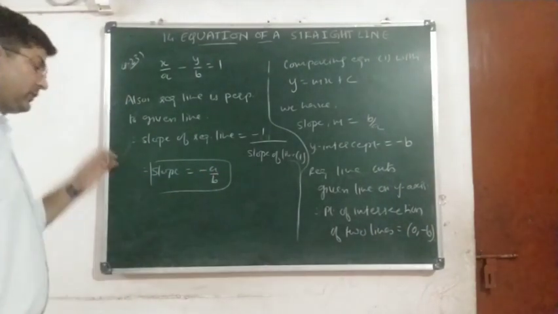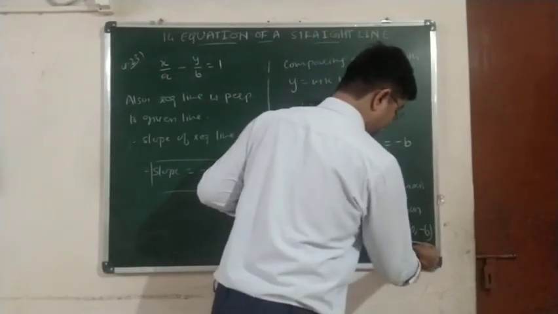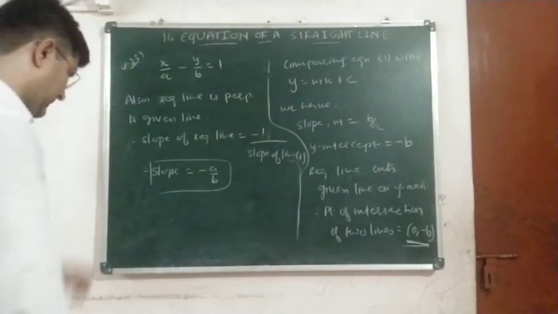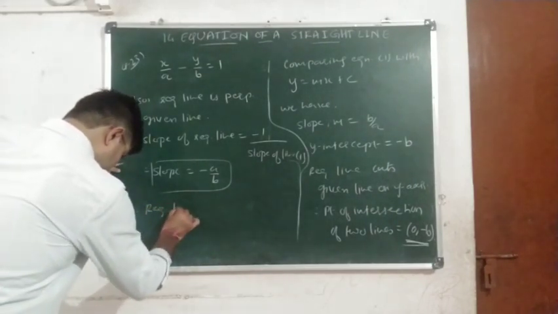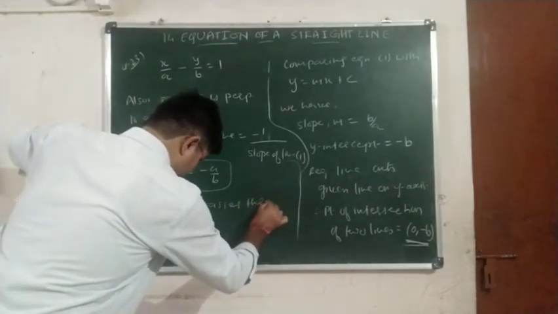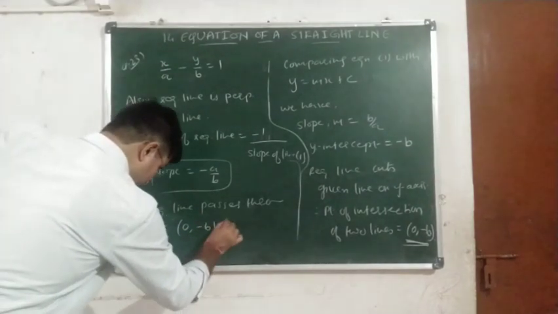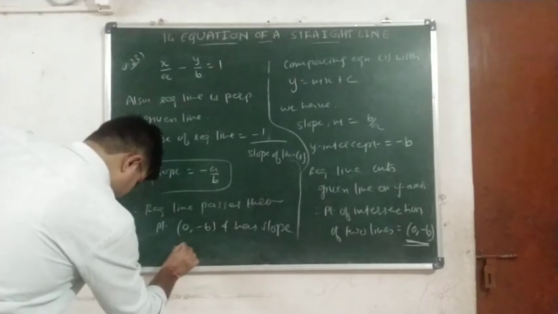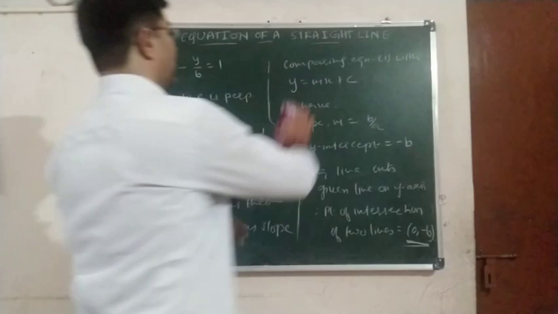So we got the slope of the required line. Clear? So now we can use the point slope formula. The required line passes through the point 0 comma minus b and has slope minus a upon b, and therefore we can form the equation.